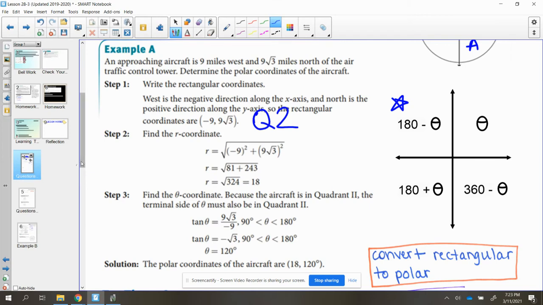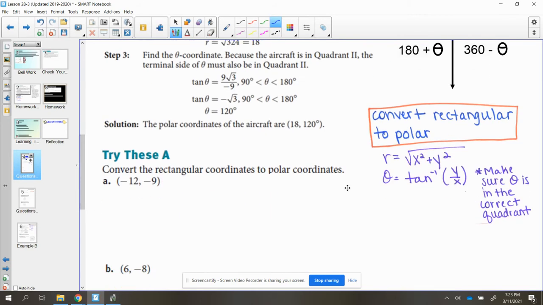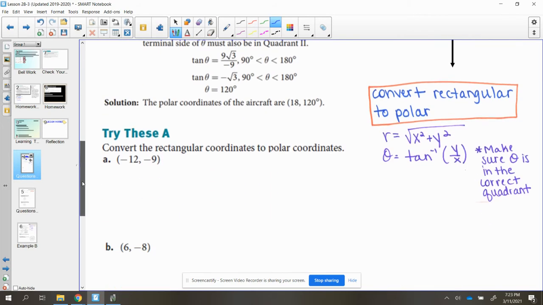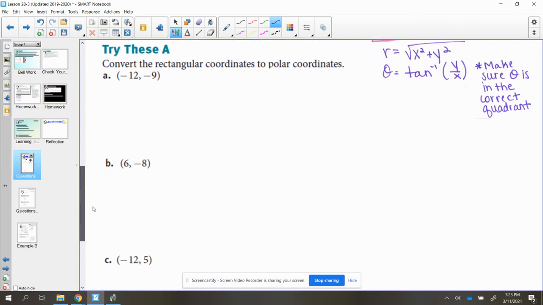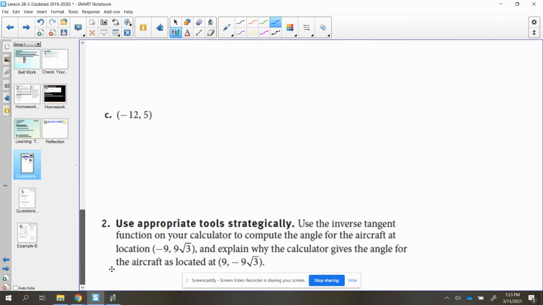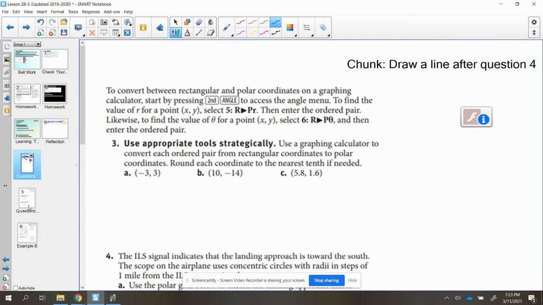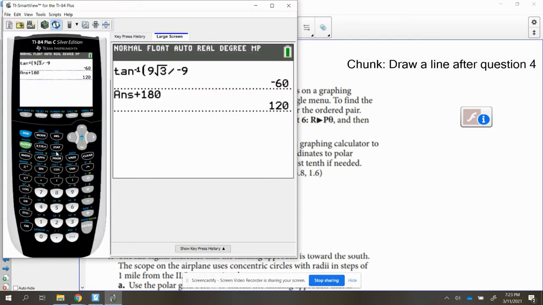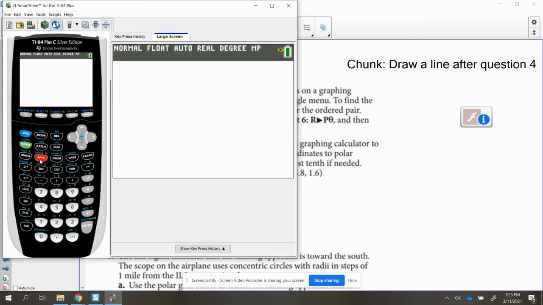And we also talked about some other examples, including checking some of your answers when it comes to the calculator. So we did talk about how you can use your graphing calculator to double check this, and that is using the second apps menu.